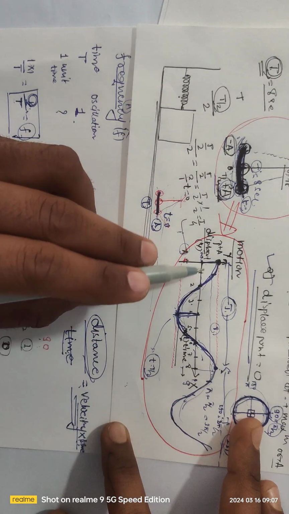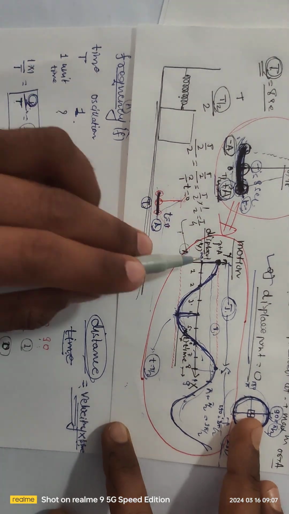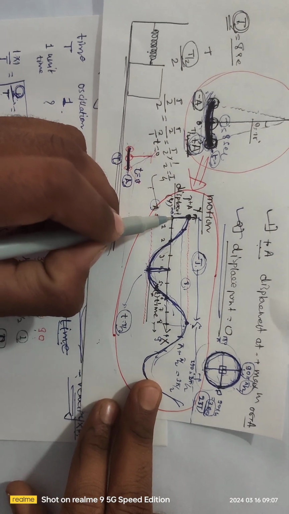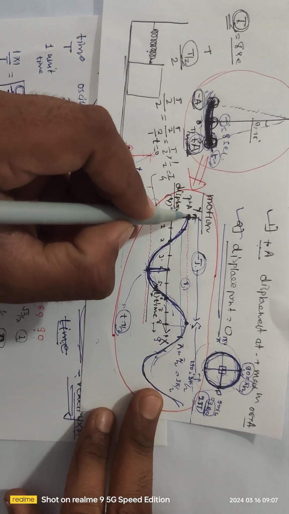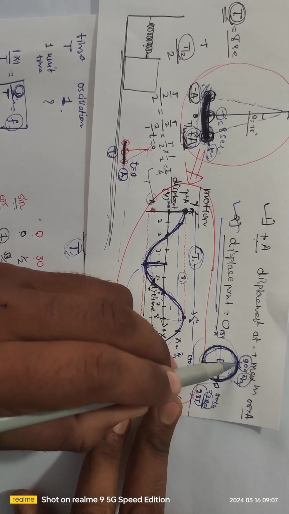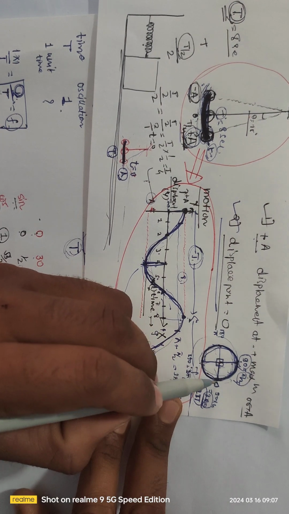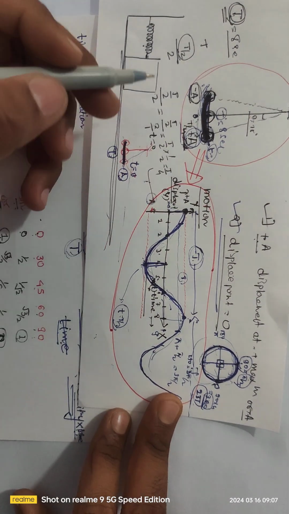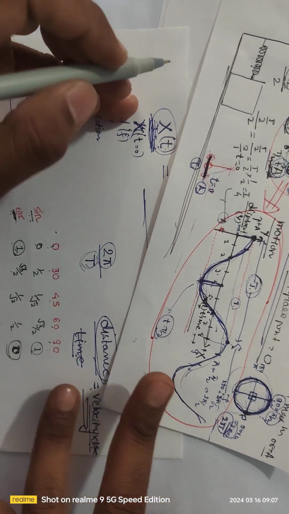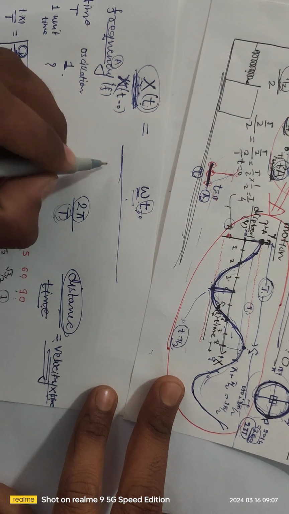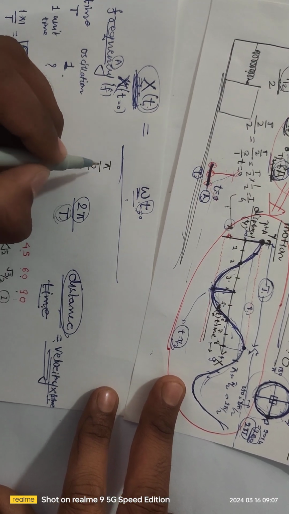So look here in the graph, at t equal to 0 time, the graph does not start from 0 like in the circle. It is 0 and here it will make pi by 2. So it does not start from 0 but from the value pi by 2.